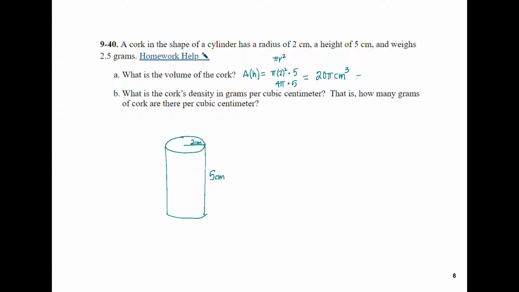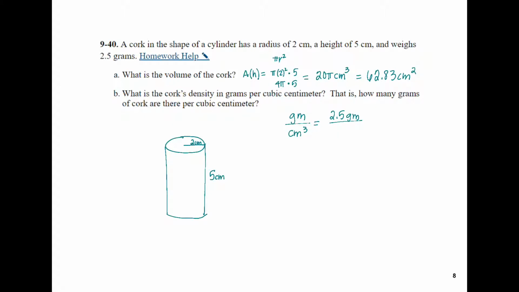So when we multiply 20 pi out, we get 62.83 cubic centimeters. To find out how many grams per cubic centimeter, we want to divide the weight that they gave us, which was 2.5 grams, by our cubic centimeters.